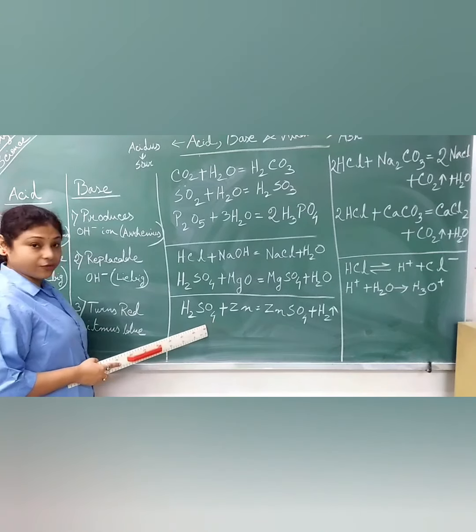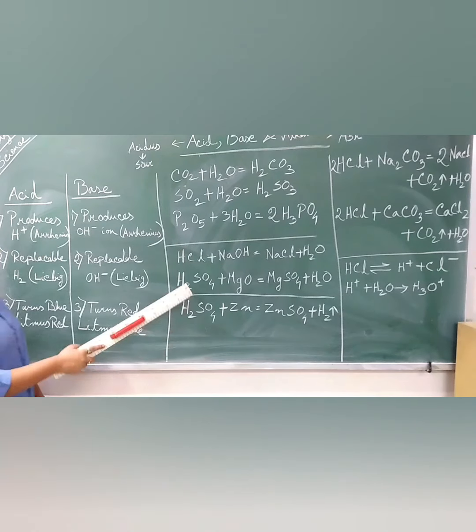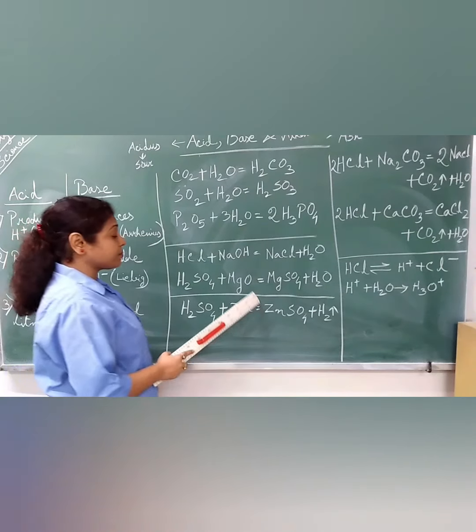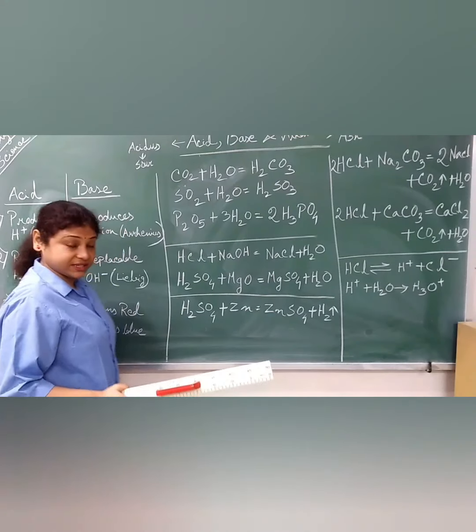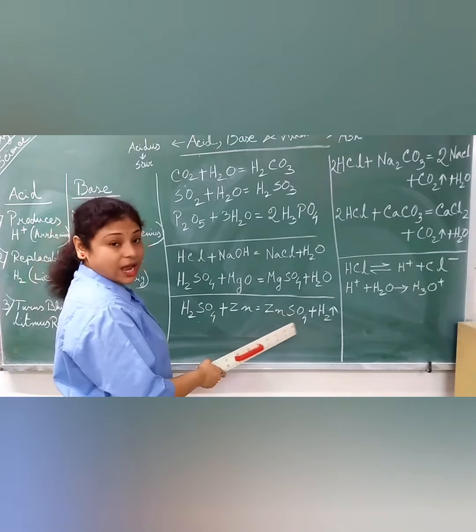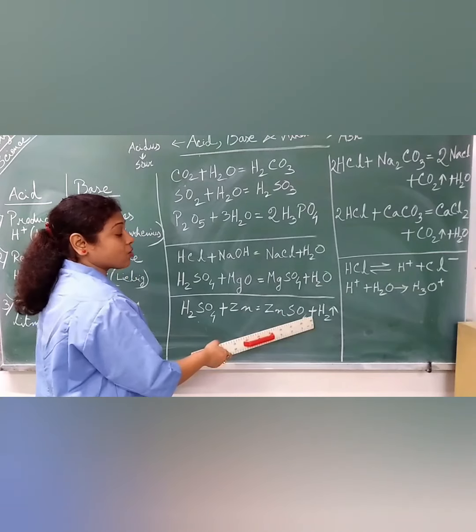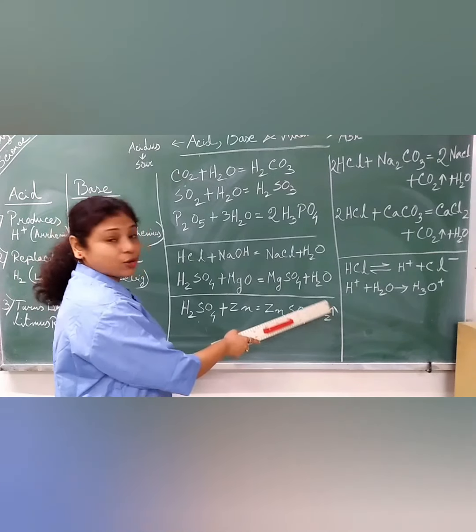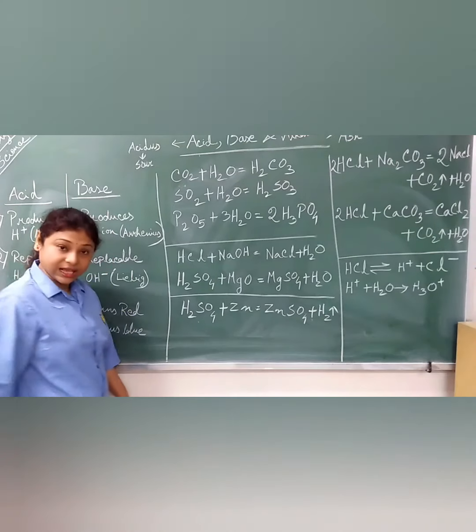Now the third one, that is some acids react with some metals. Acid reacts with some metals to form zinc sulfate as salt along with hydrogen gas. Up arrow I have given because hydrogen is a gas.